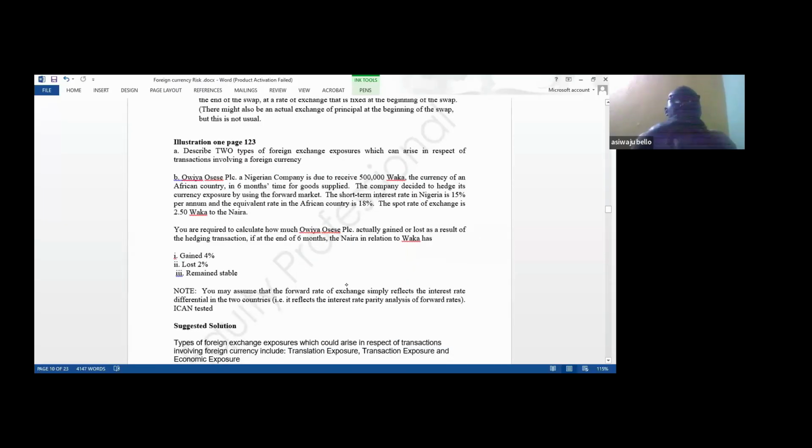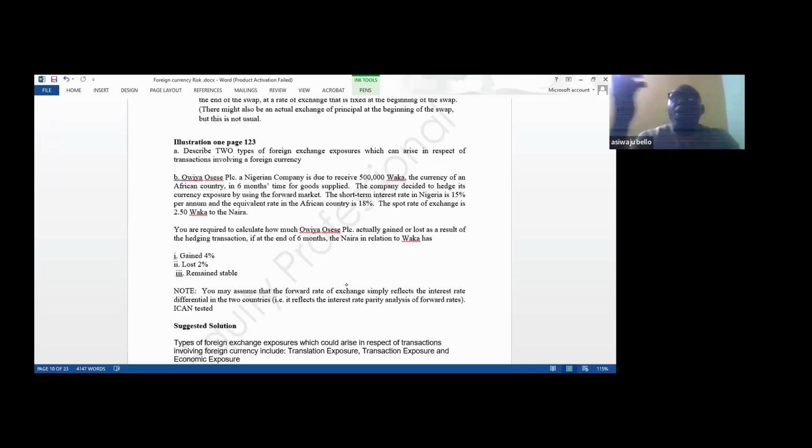A part of the question: Discuss 2 types of foreign exchange exposure which can arise in respect of transactions involving a foreign currency.